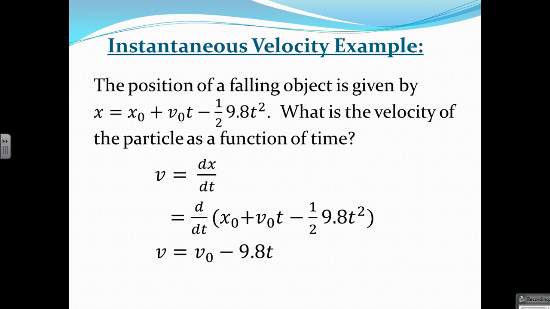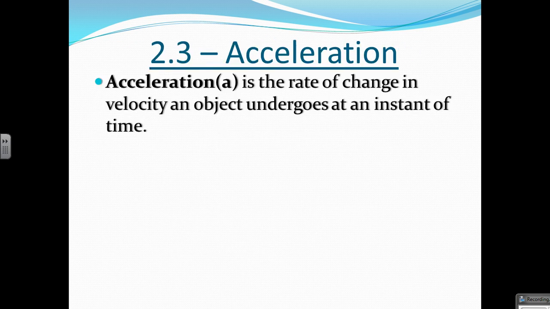We're taking the derivative with respect to time, so time goes away, we just have initial velocity. And then we have 1/2 times 9.81 t squared. We drop the 2 down, 1/2 times 2 is 1. So we end up with velocity equals our initial velocity minus 9.81 t. And this makes sense. This is the function that would describe an object that's in free fall, and that should be familiar to us all.